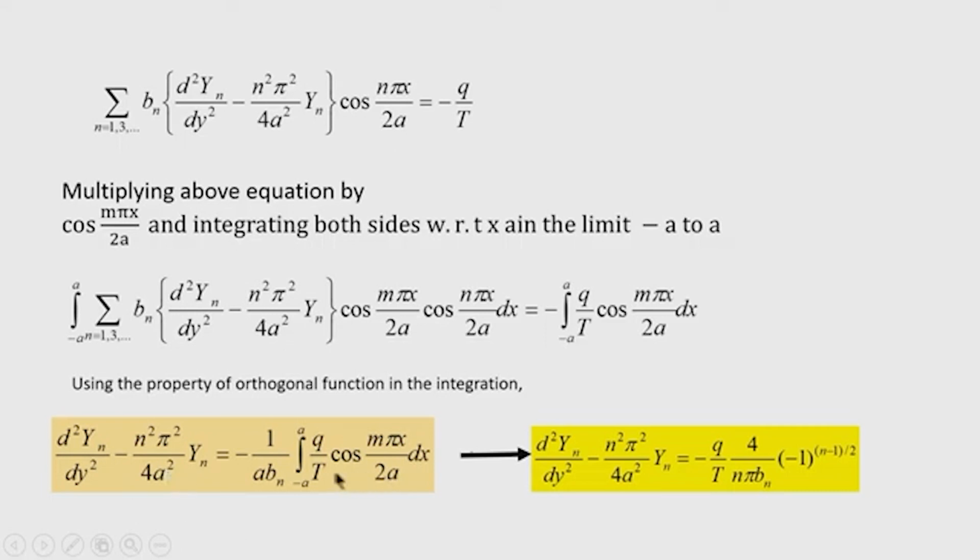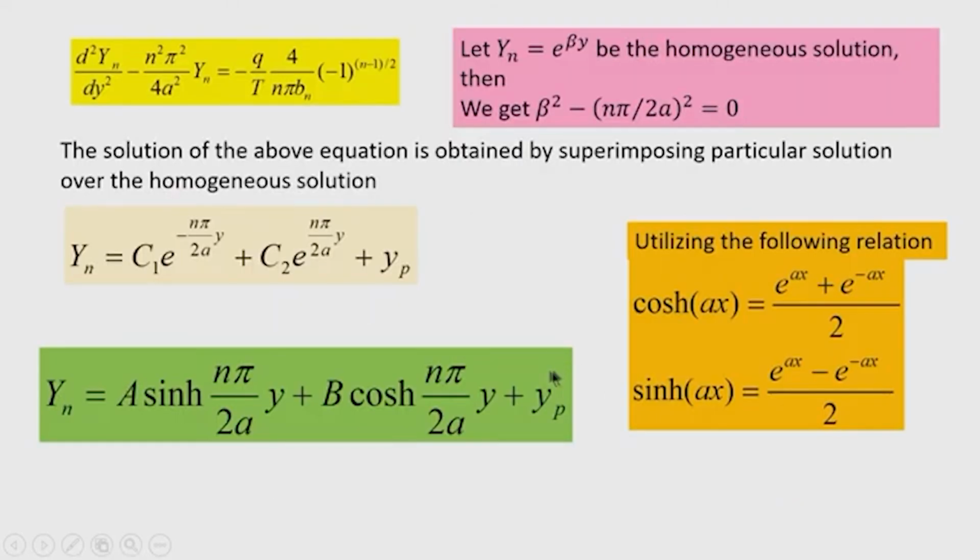After integrating, the right hand side becomes minus q by T, 4 by n pi b n, into minus 1 to the power n minus 1 by 2, where n is an integer, but it will exist only for odd integers. So the right hand side is now a constant.